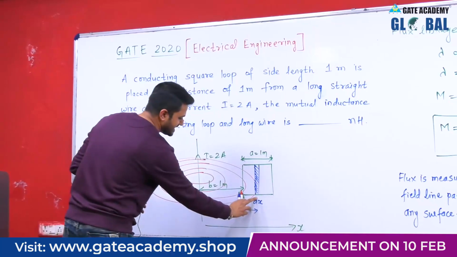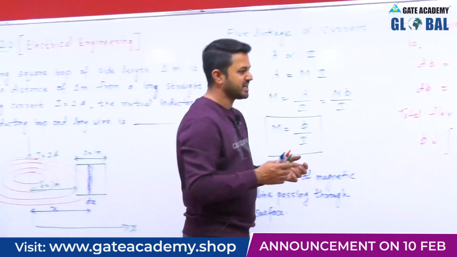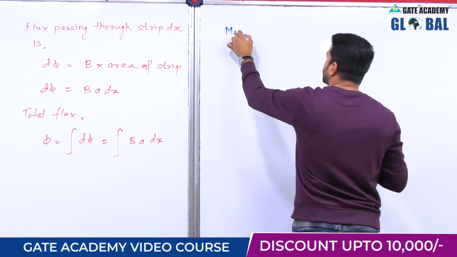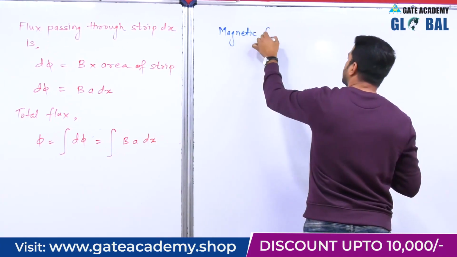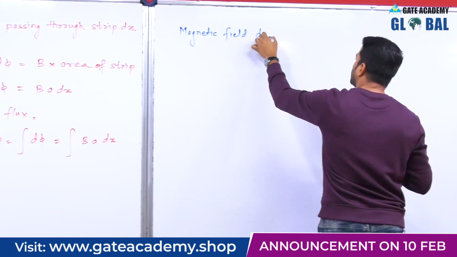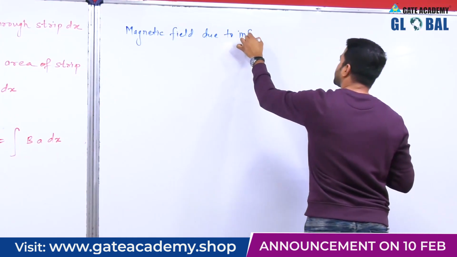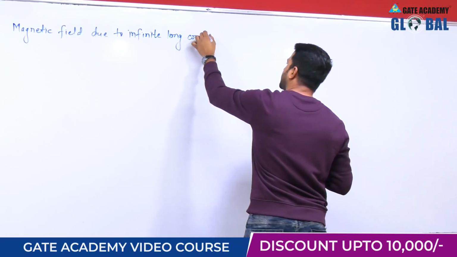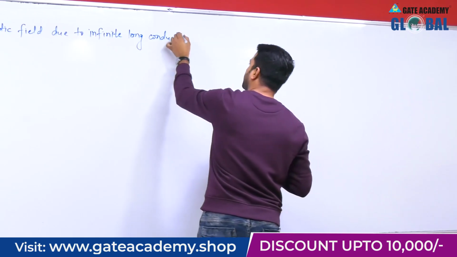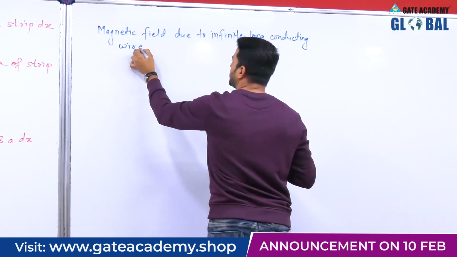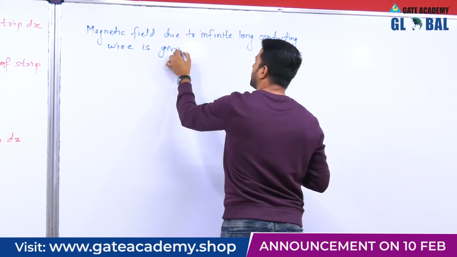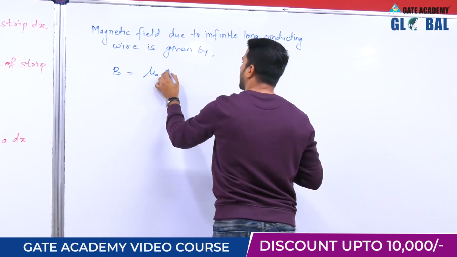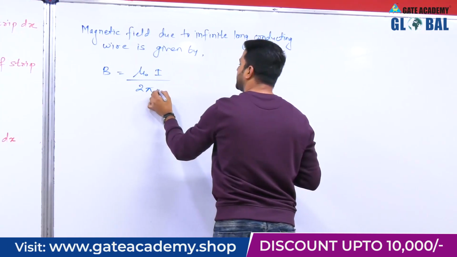The magnetic field due to an infinite long conducting wire is given by B is equal to mu naught into I divided by 2 pi into rho.